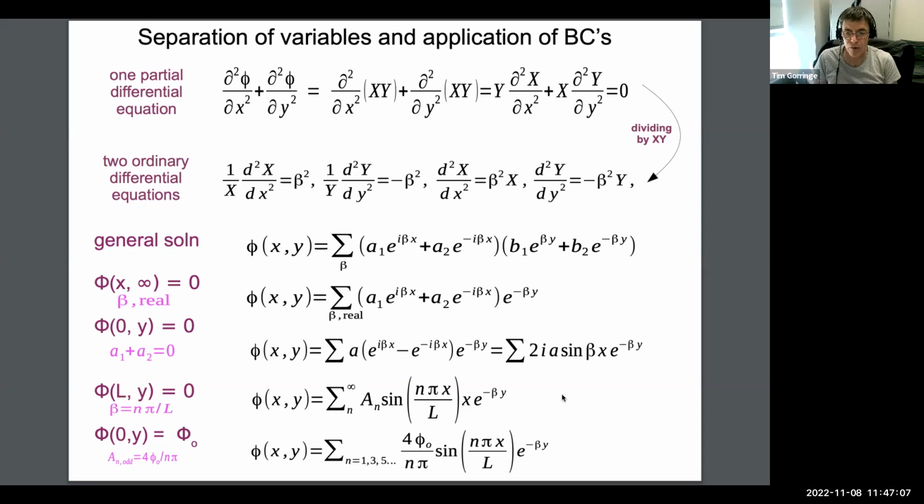As I say, I don't want to go through every little detail of this problem. I just want to remind you of the basic steps in solving it.